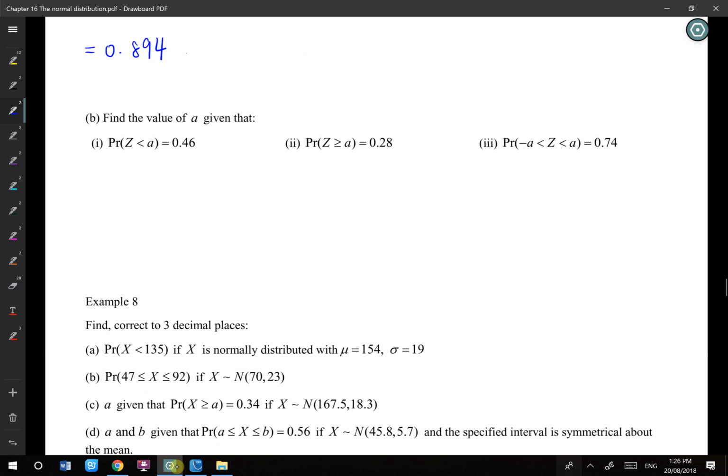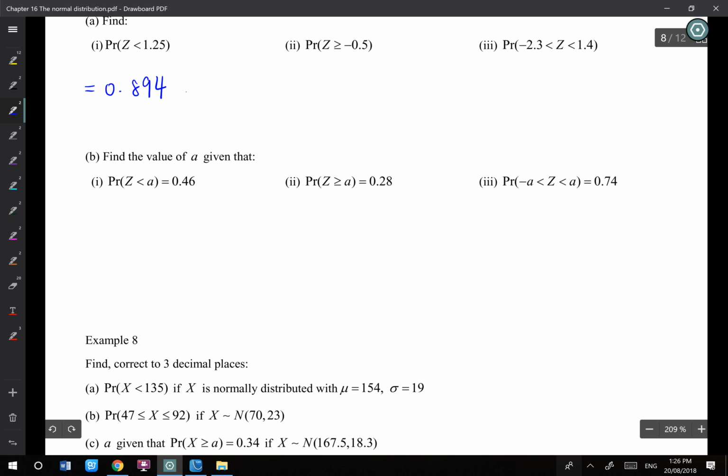The next function we have is, okay, this gives you the mu, gives you the standard deviation, gives you x less than something or greater than something or in between something. We just want the area. Okay, there's also another question we can ask. I know Z is less than A, that area is 0.46, and I know the mu, I know the standard deviation. Okay, this is really important, very, very important, because we use that.